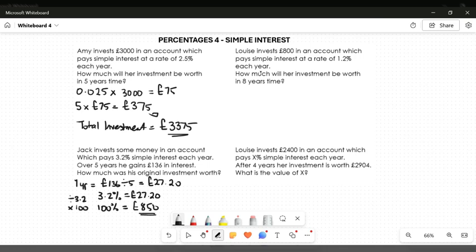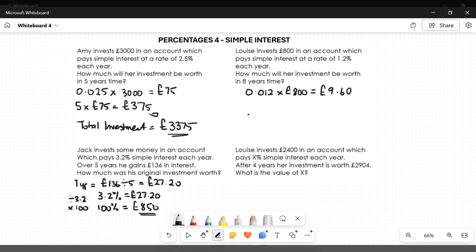Okay, so Louise invests £800 in an account which pays simple interest at the rate of 1.2% each year. So 1.2% as a decimal, divided by 100, is 0.012. Times that by 800, that tells us how much she's going to earn each year. 0.012 times 800 gives us £9.60. That's how much interest she will gain each year.